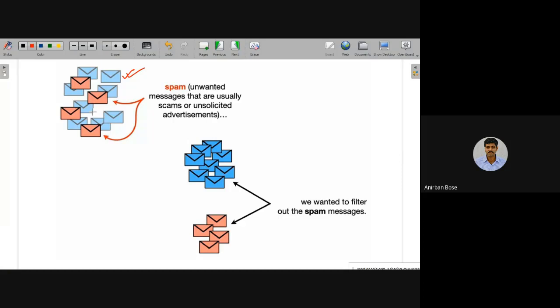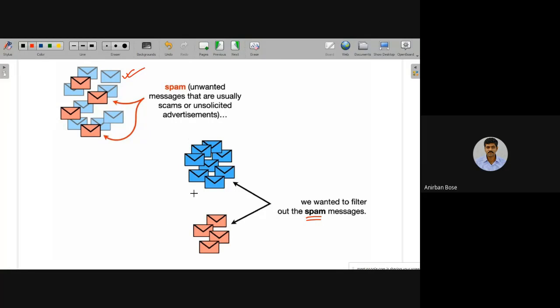Now, what is our job? Our job is to filter out the spam messages from all the mails that we are getting in our inbox. So how can we do that? With respect to this particular problem, we will try to explain the naive-Bayes classifier.